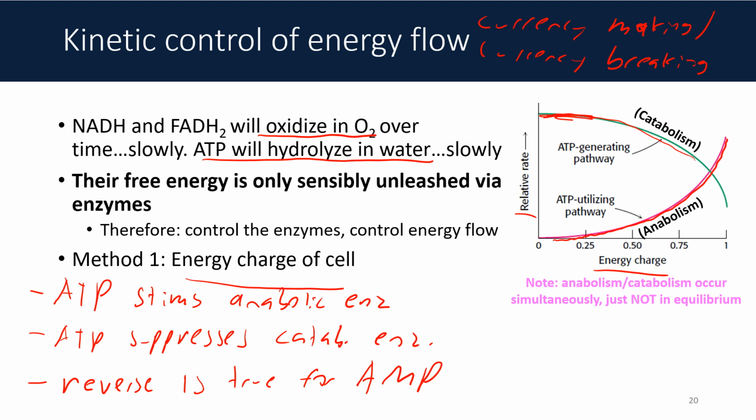Take a note here that anabolism and catabolism do occur simultaneously. They are just not to the same extent. They are not in equilibrium. That's the key takeaway. The cell will not be anabolic or catabolic. It will be mostly one and only slightly the other. The key here is you control the enzymes, you control the flow of energy.